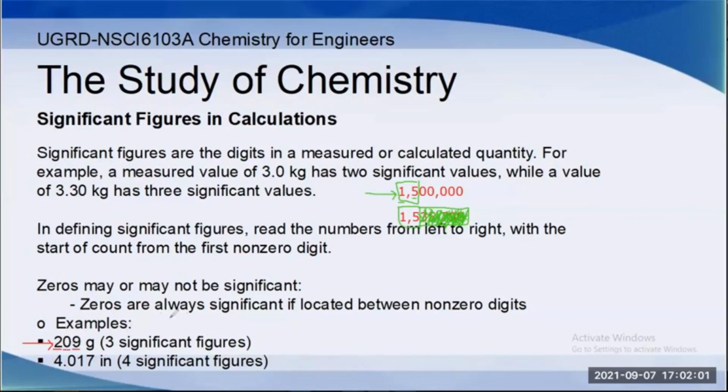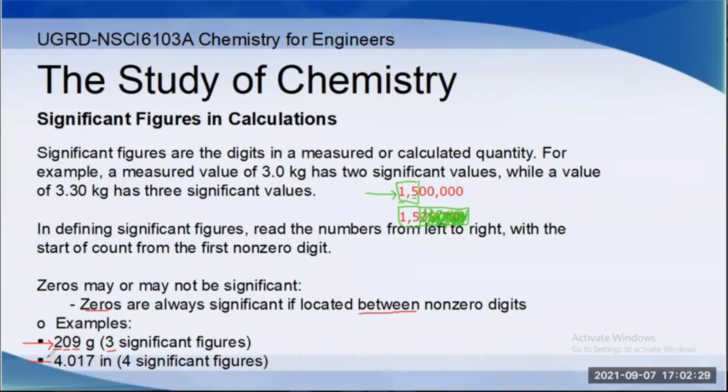So by this rule, zeros in between non-zero digits will always be significant. So 209 has 3 significant figures. Next example we have is 4.017.